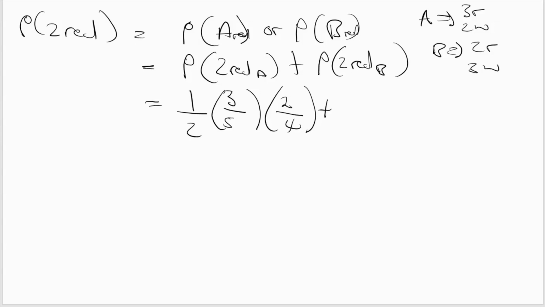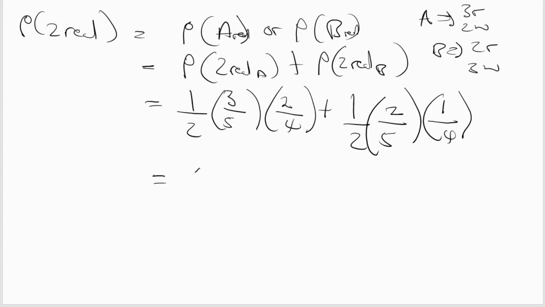We do the same here for the probability of picking bag B, which is half, and the first probability is 2/5. But since this is without replacement, to pick the second one is 1/4.